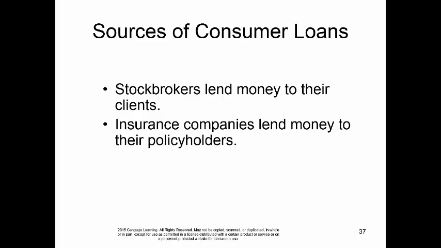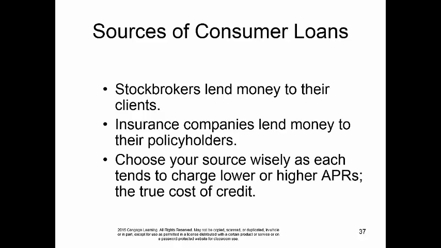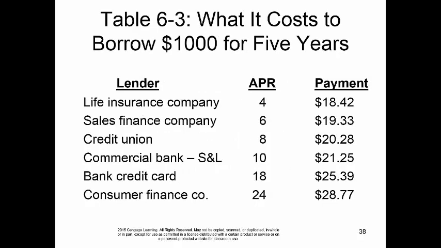The rates may be very low, but the reason they're very low is because they're lending you your own money. Choose your source wisely because the APR varies considerably. We'll see on the next page. Your life insurance company will loan you money at 4%, but again, they're loaning your own money at 4%.